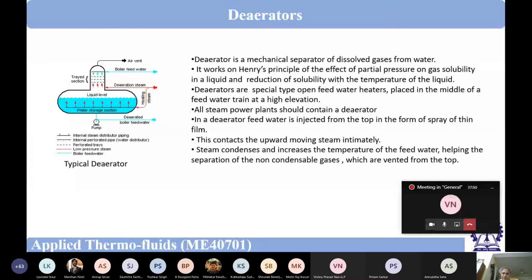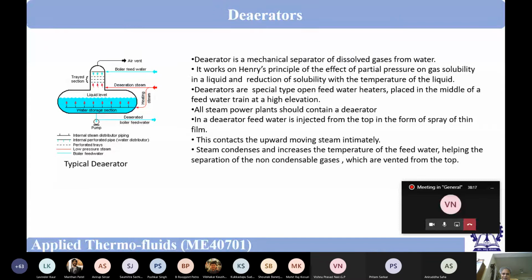So deaerators are a special type of open feed water heater placed in the middle of the feed water train, and at high elevation. The elevation of this feed water heater should be higher compared to other components. That is why it is very visible. All steam power plants should contain a deaerator. At least one deaerator should be there.